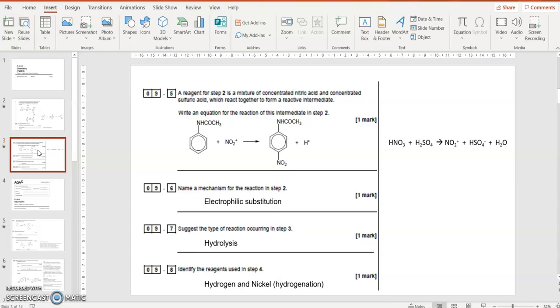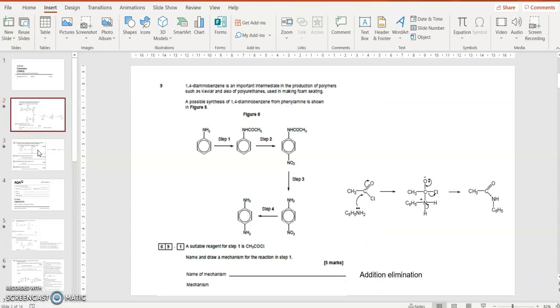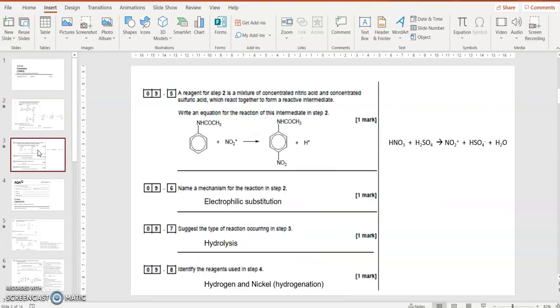Type of reaction occurring in step 3, I don't know. The peptide bond, the NHCO, has been broken. If that's been broken, it's a peptide bond or an amide bond. If you remember back to DNA, you use water to do that.